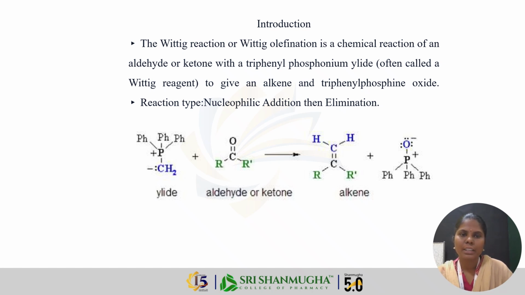Finally, this reaction produces an alkene along with triphenylphosphine oxide as a byproduct. So the general reaction can be written as: an aldehyde or ketone reacts with phosphonium ylide and gives alkene and triphenylphosphine oxide.